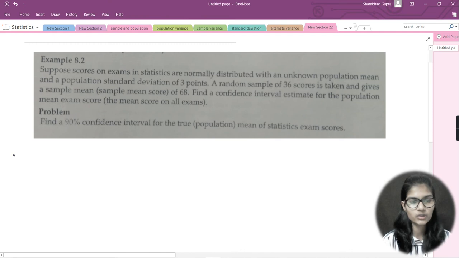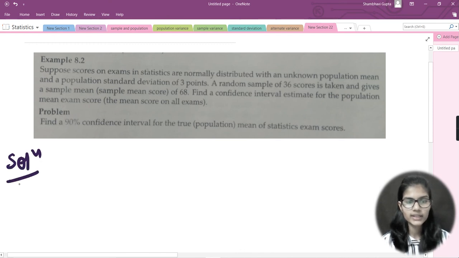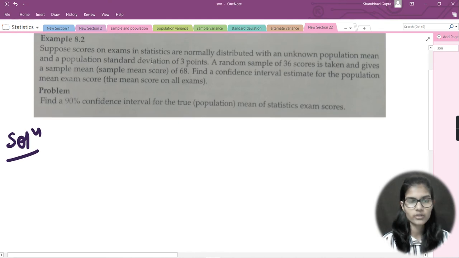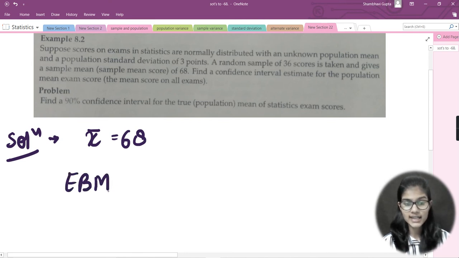Right, let's start with the solution here. Firstly, let's write the things we have from the question. The first thing is that I have the value for x bar, so x bar is 68, right? From getting the x bar, what I can actually find is the EBM. EBM is equal to z of alpha by 2 into sigma upon under root of n, right?